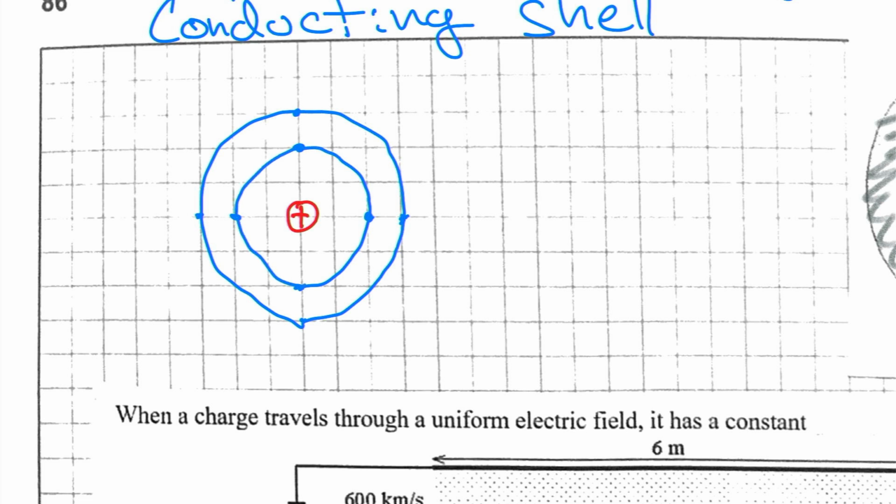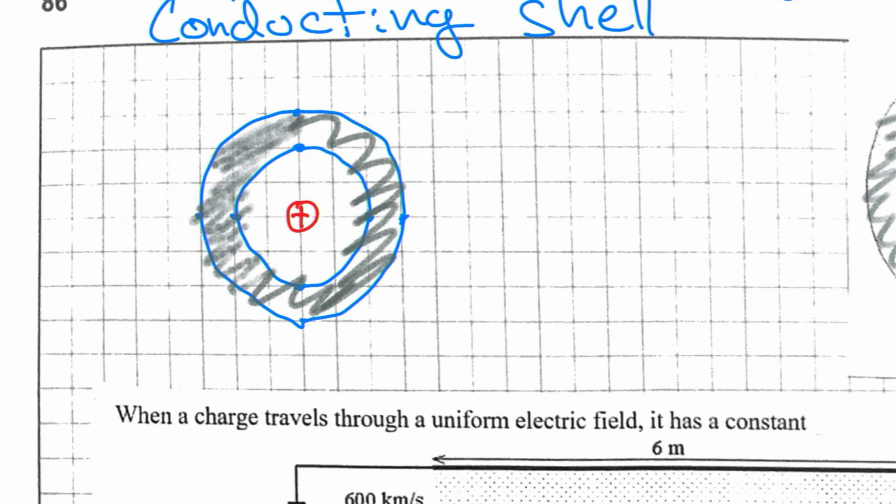Okay, so there's our conducting shell. Kind of shade that in. And what's our electric field going to look like? An electric field goes away from a positive. It's just going to go straight away from it. It's going to be perpendicular to the surface of the shell.